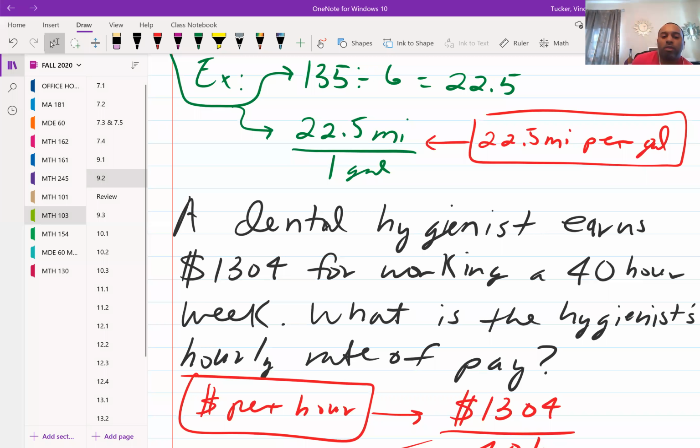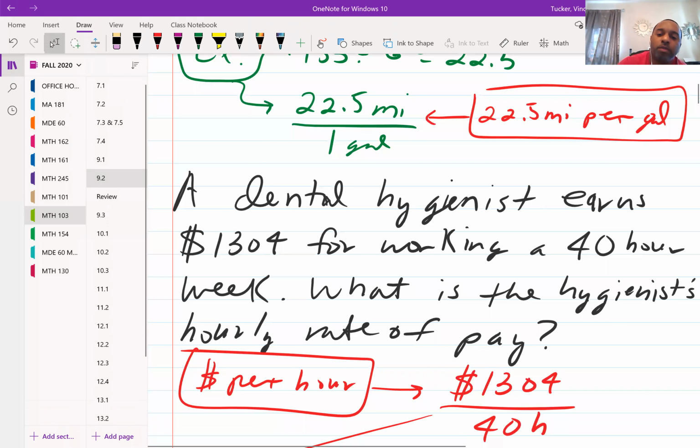All right, so a dental hygienist earns $1,304 for working a 40-hour week. What is the hygienist's hourly rate of pay? So you want to know dollars per hour.